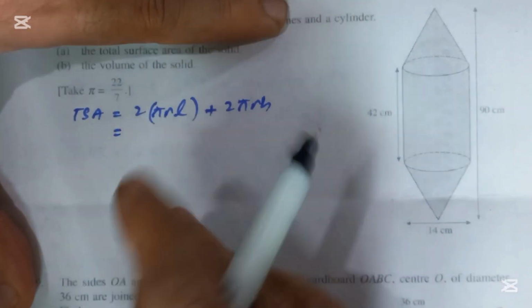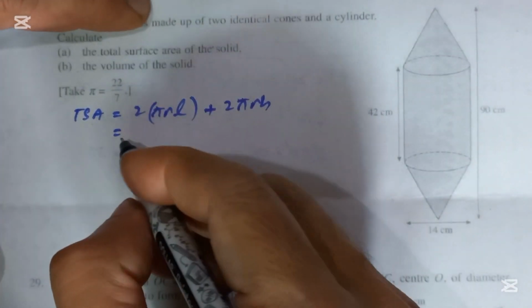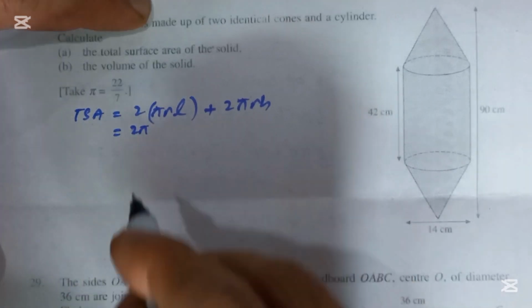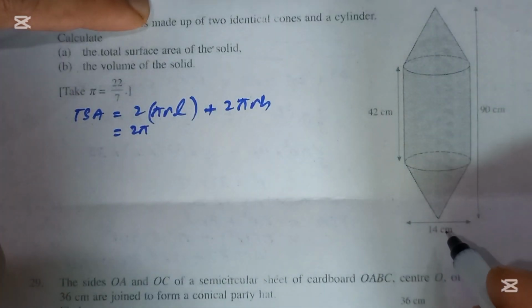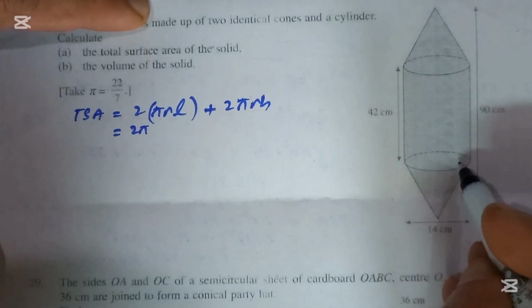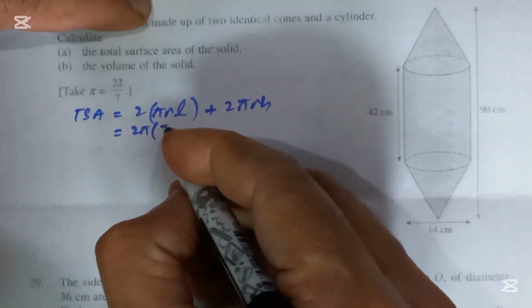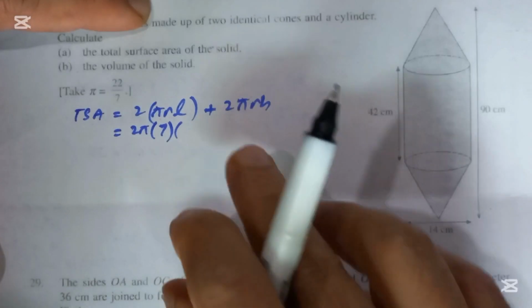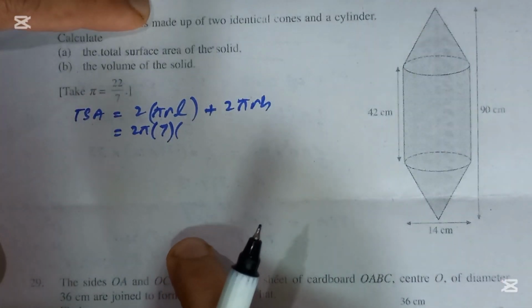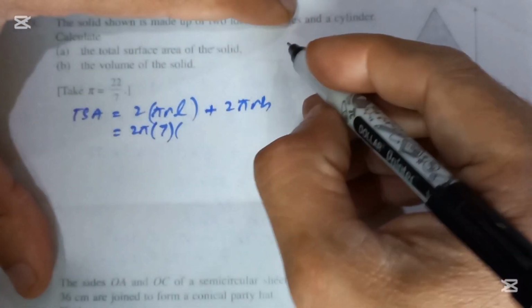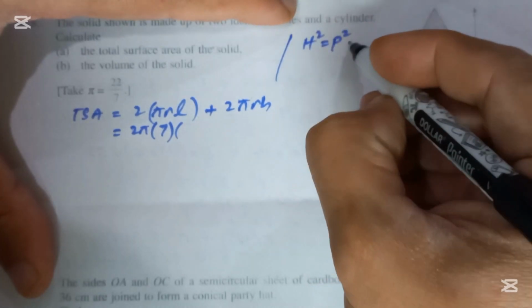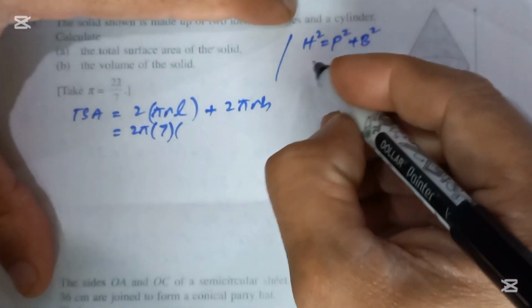And now put the values in this formula. This 2 pi will remain same. R of the cone is 7. And L is missing. So first we will find the L of the cone by applying the Pythagoras theorem, that is hypotenuse square is equal to perpendicular square plus base square.